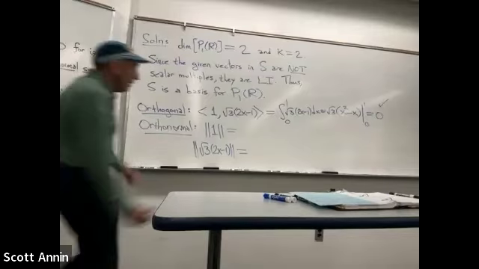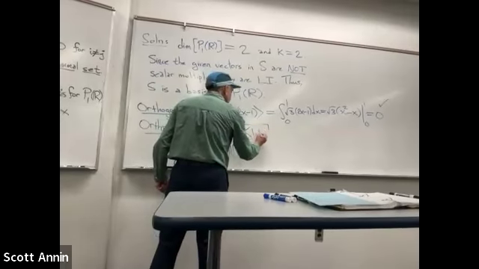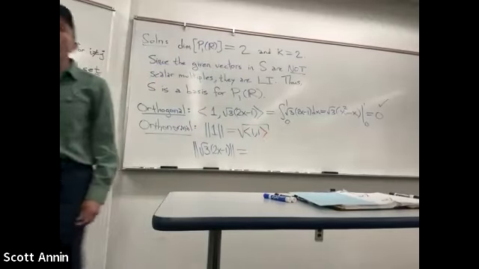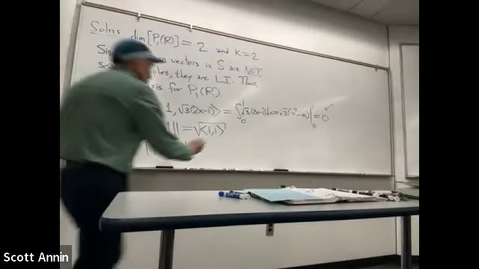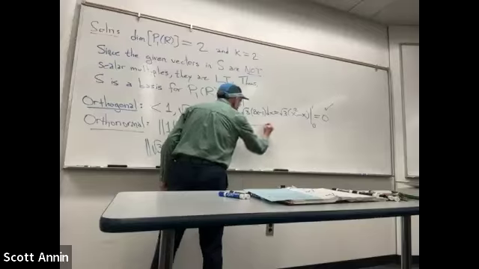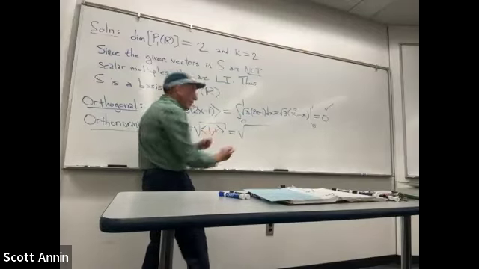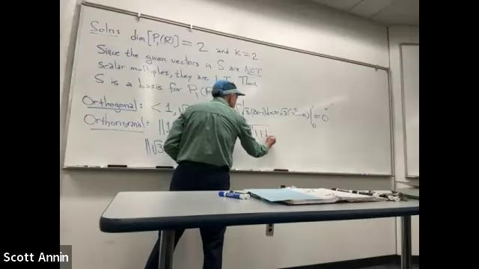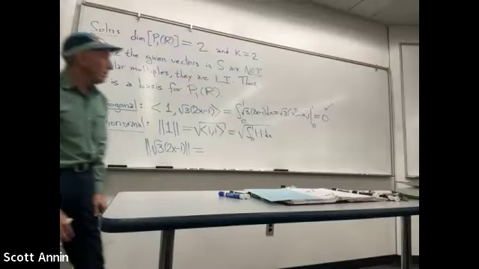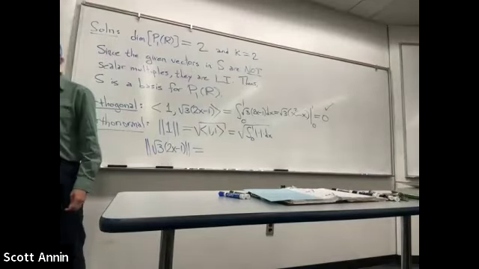So for this first one, just using my norm formula, it's the square root of the inner product of 1 with itself. And so underneath this radical, I have to do an integral now. The inner product of 1 with 1, I'm going to integrate from 0 to 1 of 1 times 1 with a dx on that. Just using this formula right here.